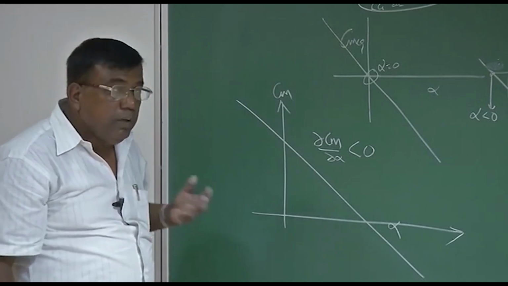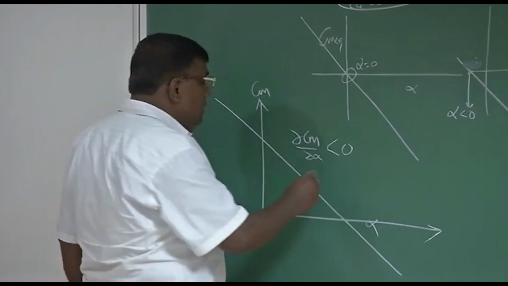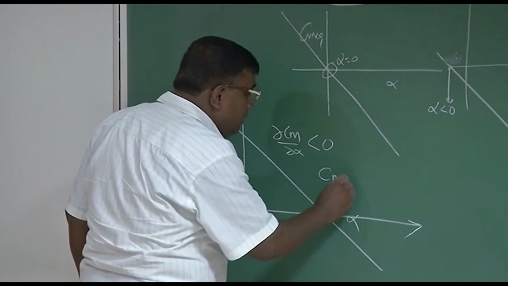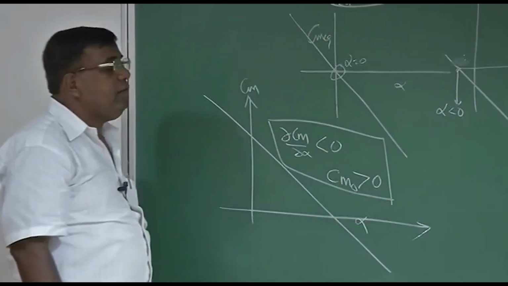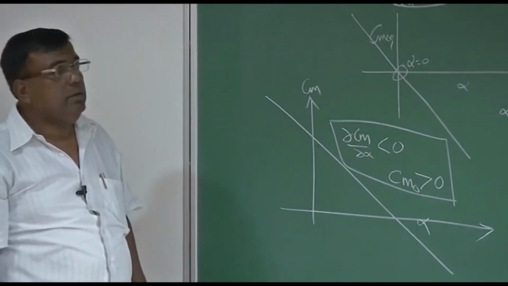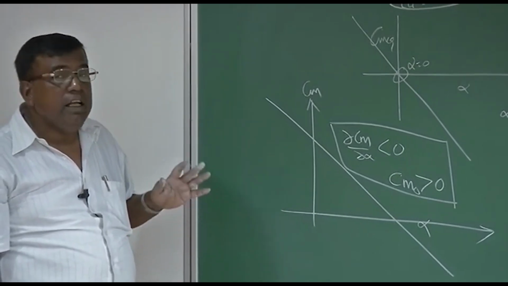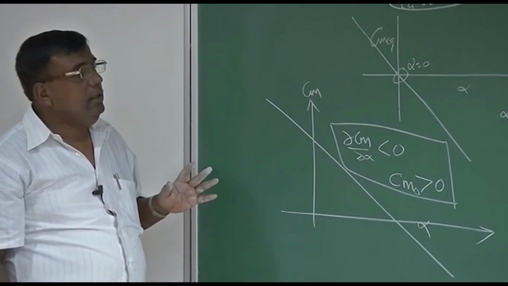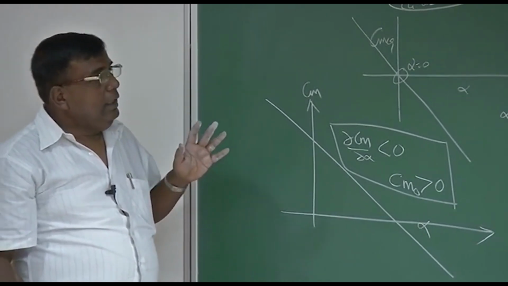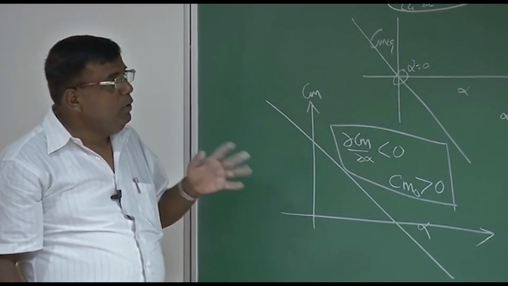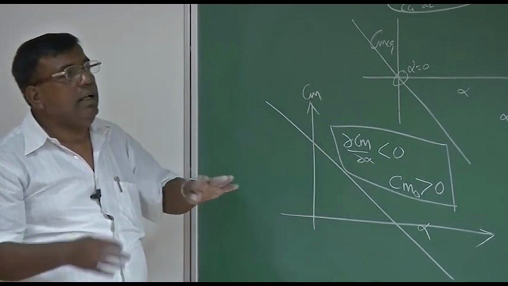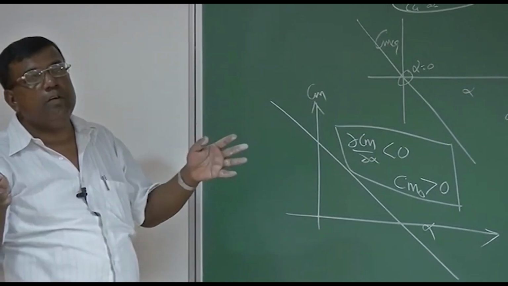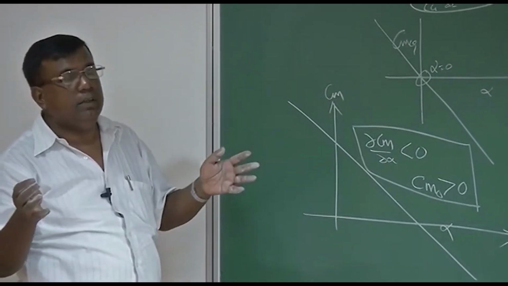But if you want to trim it at positive angle of attack, then Cm naught should be greater than 0. This is the understanding. Cm naught is Cm at alpha equal to 0. This should be very, very clear in our mind. And that is the beauty of this understanding. If you have understood this, you will find understanding aircraft from stability and control point of view is so straightforward. Okay? Thank you.